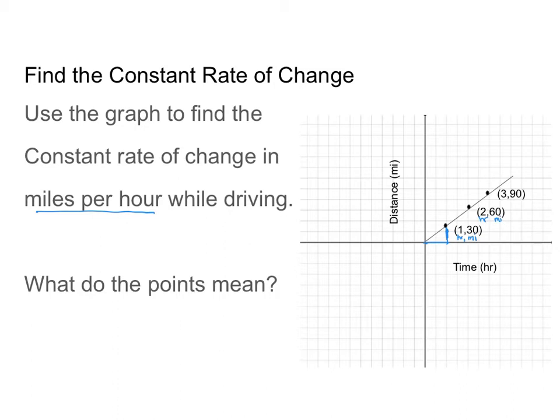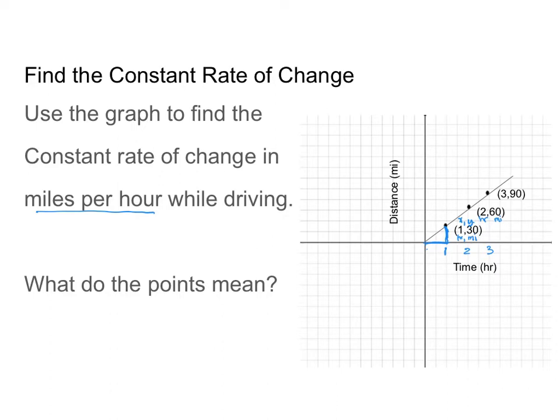So what do the points mean? Well, this is 1, this is 2, and this one's 3. So this is the hours. The first part, the X, is your hours, and your Y, which is your second one, is your miles, okay?